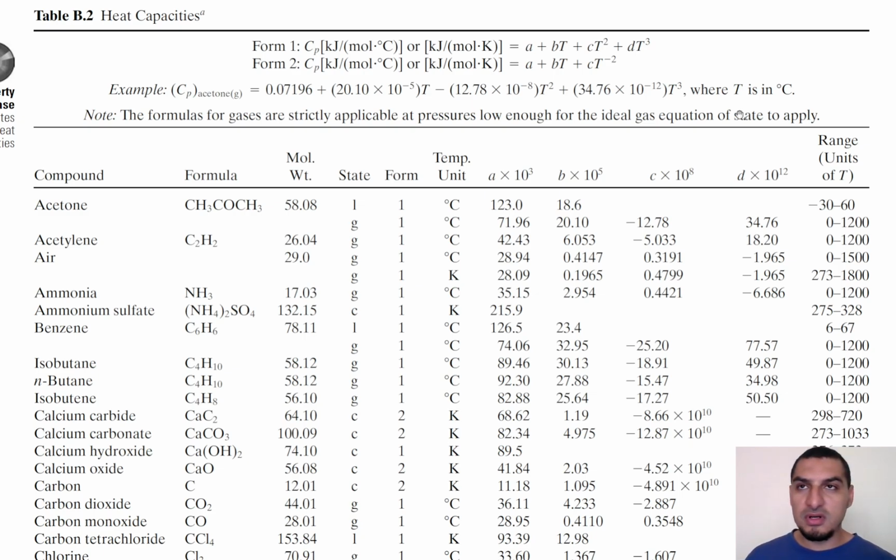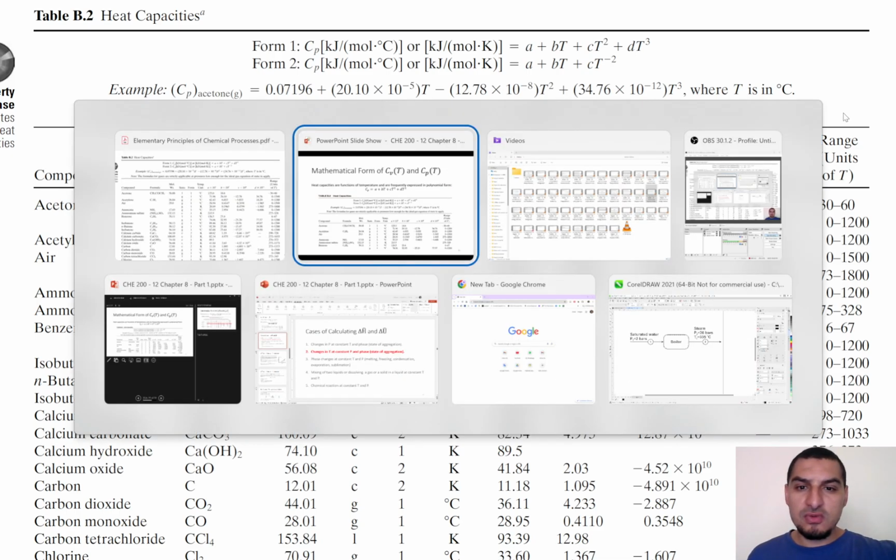We said that for liquids and solids, they're not very affected by the pressure, so it's not a big deal. But for the gases, it's a very important note that you don't apply this to very high pressures. This applies for the pressures where the ideal gas equation is valid. So I think this is all we want to mention here, or to know about this.